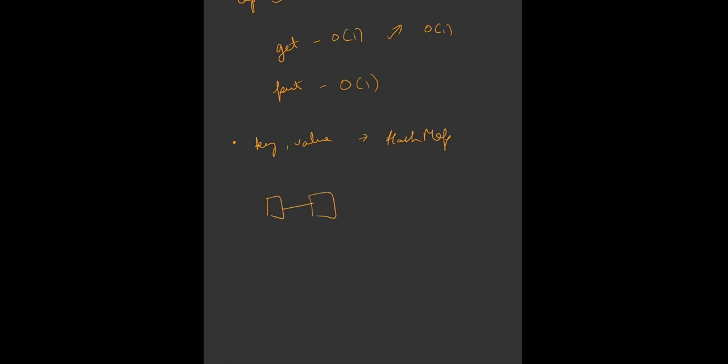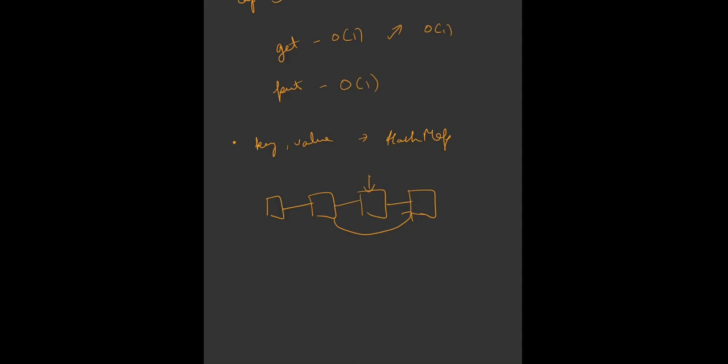In a linked list we can easily remove an element. If we have to remove this node, we can simply set this pointer to this dot next and we can easily remove the element in O(1), right?